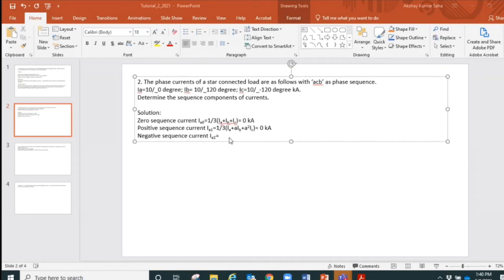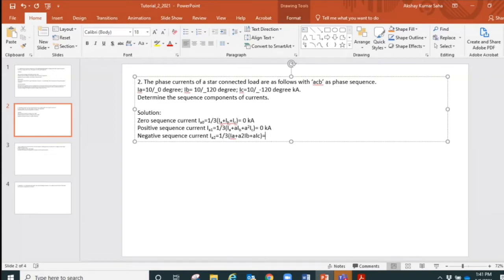Yes. For negative sequence current, I got 10 kilo amperes with angle 0. Yes. For negative sequence, the formula is IA plus a squared IB plus aIC, and that gives 10. What is happening? It's not typing.